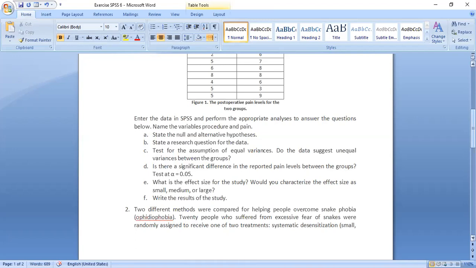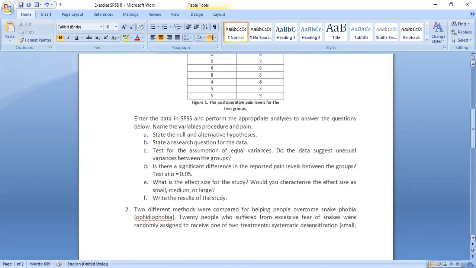Alternate hypothesis, there is a significant difference in the pain level of patients who have undergone minimal invasive surgery or have undergone traditional surgery and their pain level after 24 hours of performance of surgery, that is cardiovascular surgery. So these are the null and alternate hypotheses.